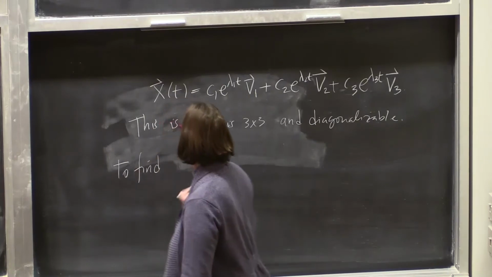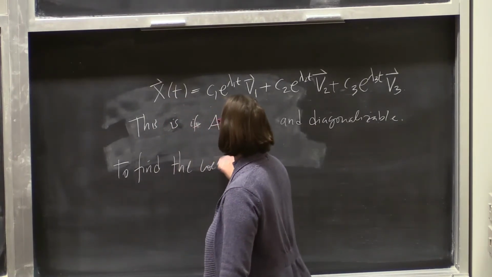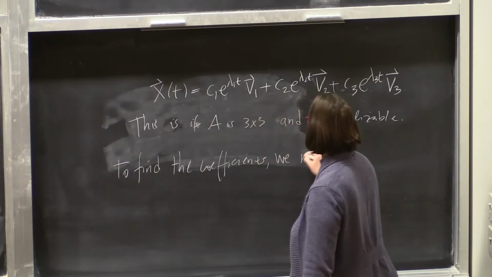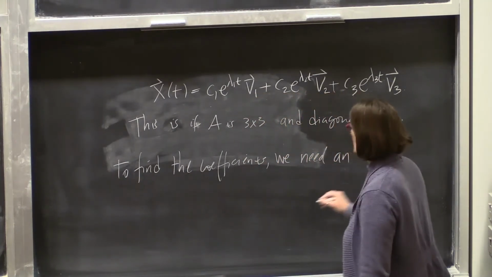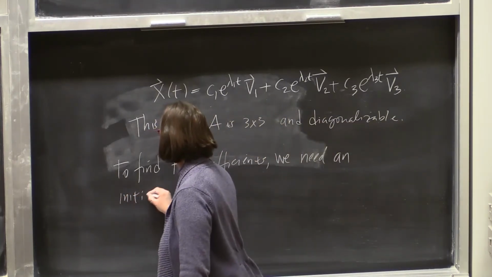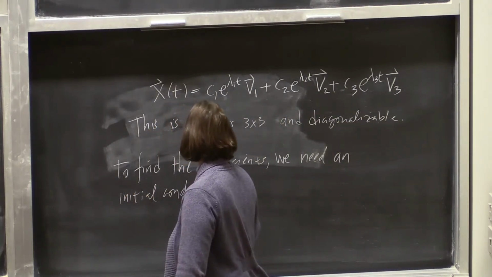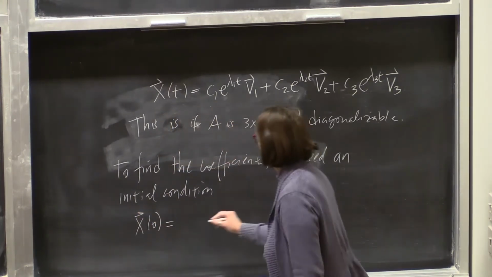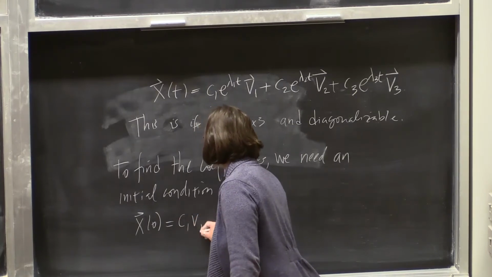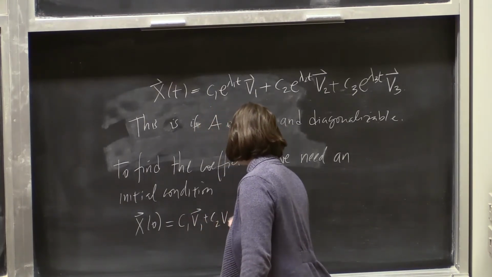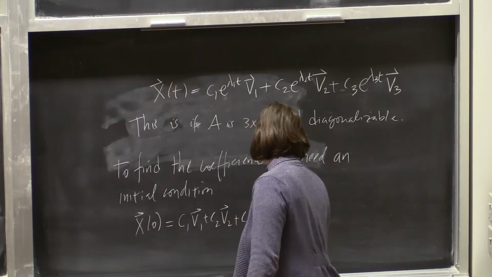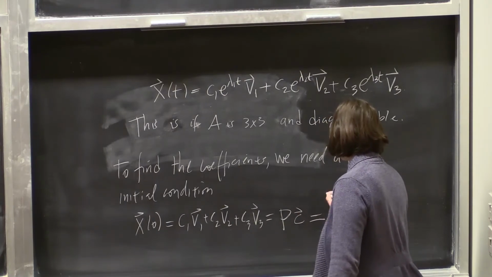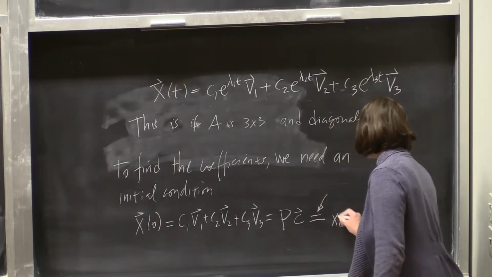To find the coefficients, we need an initial condition. X at time 0 is C1 V1 plus C2 V2 plus C3 V3, which is P times C, and we want it to be equal to the vector x0.